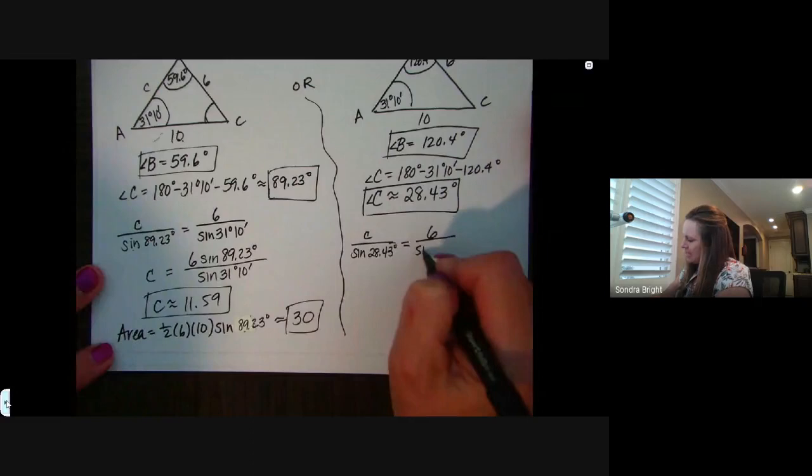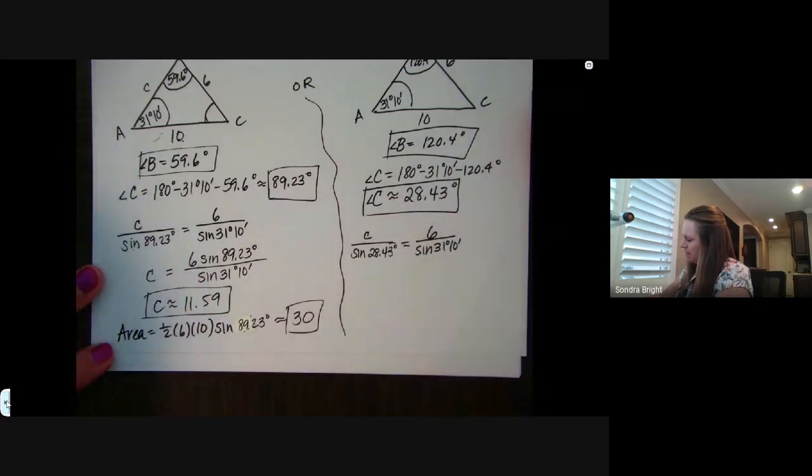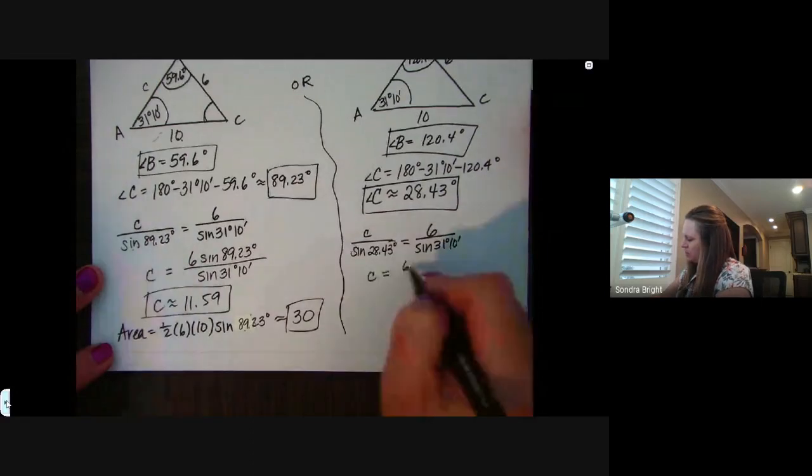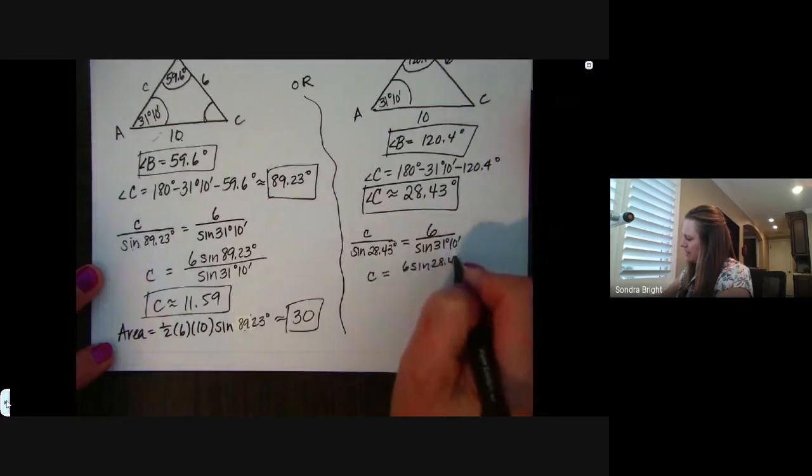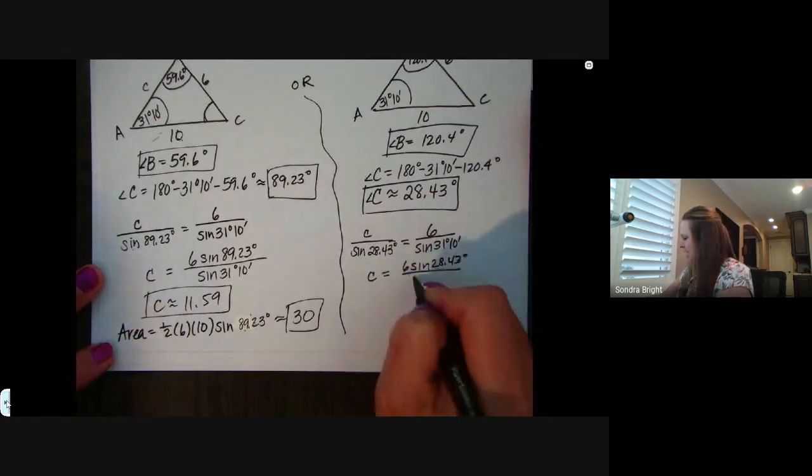And side C will be 6 times sine of 28.43 degrees over sine of 31 degrees and 10 minutes.